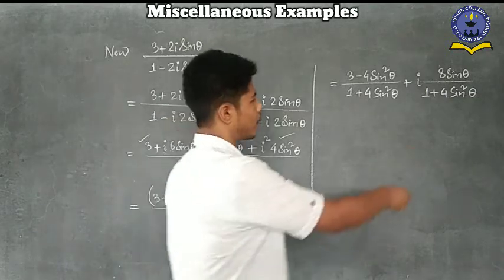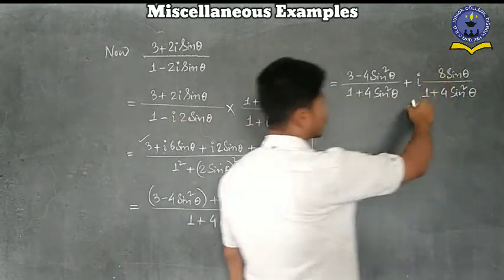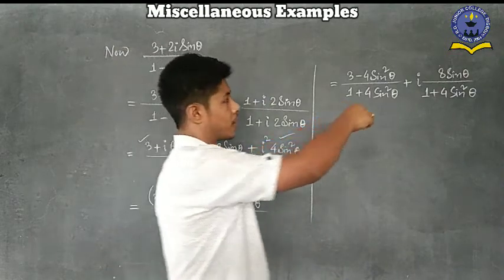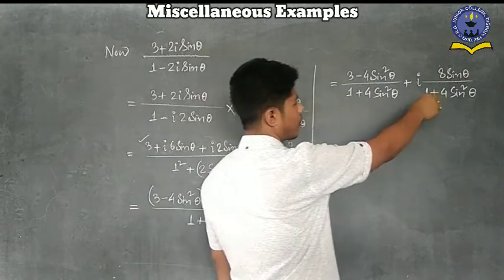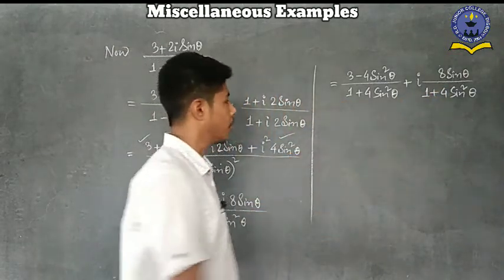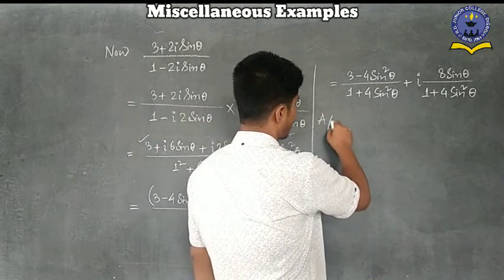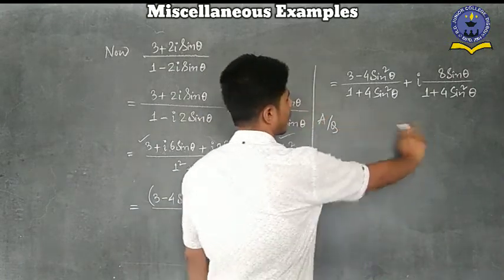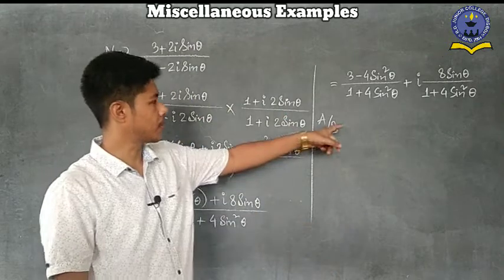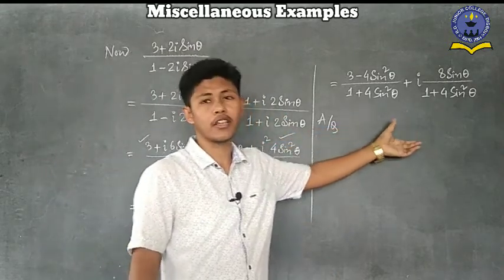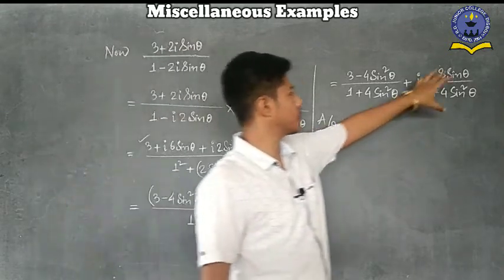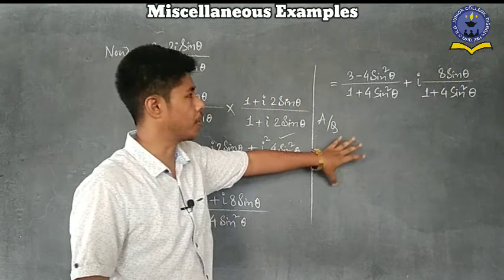So in this case what you have to do, according to our question, it is purely real. So that's why you have to write, this imaginary part must be equal to 0. So here simply we write according to the question. If you want, then you can write the line, since the complex number whatever the result given is purely real, so this imaginary part must be equal to 0.